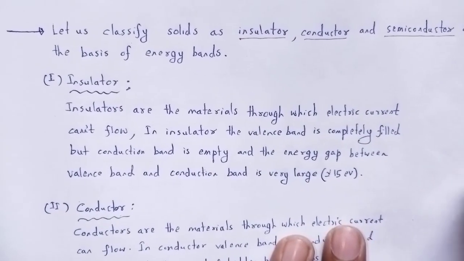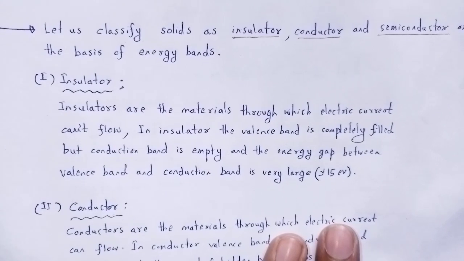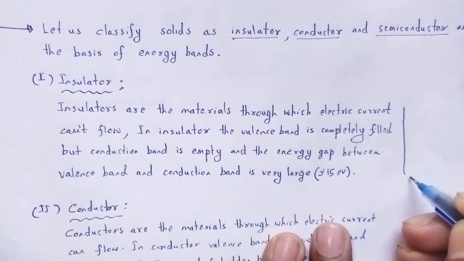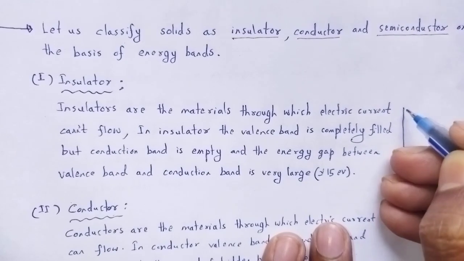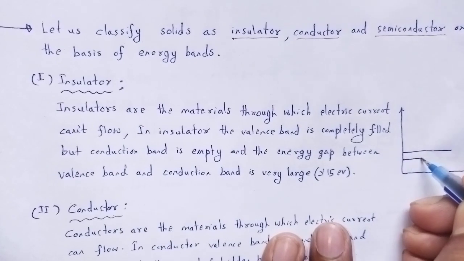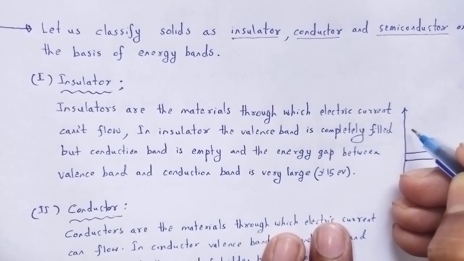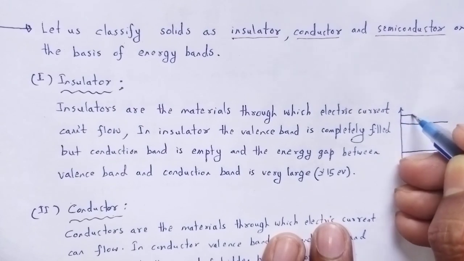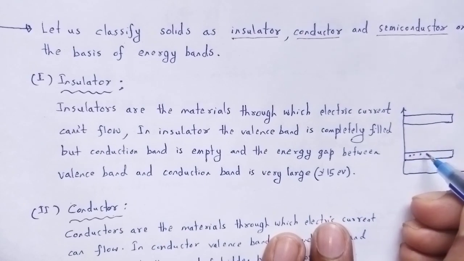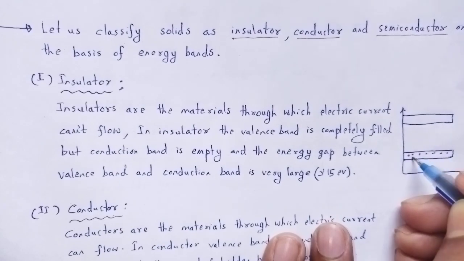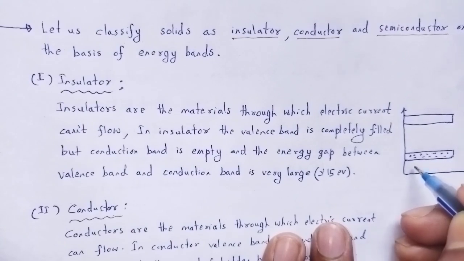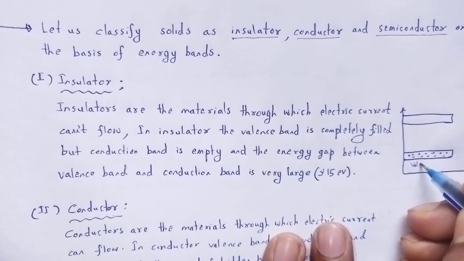So, if we plot the energy bands in insulators, here is the valency band, there is the conduction band. The valency band is totally filled.